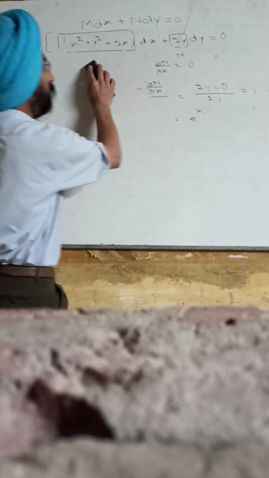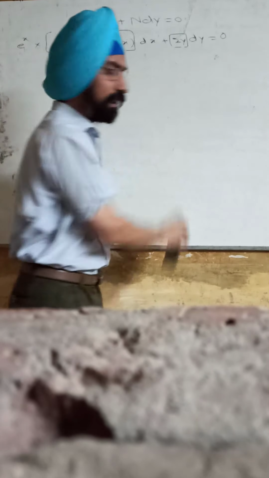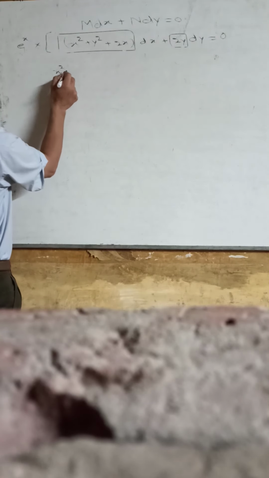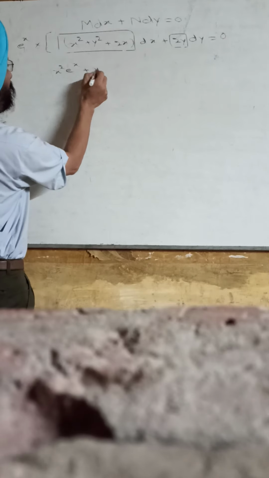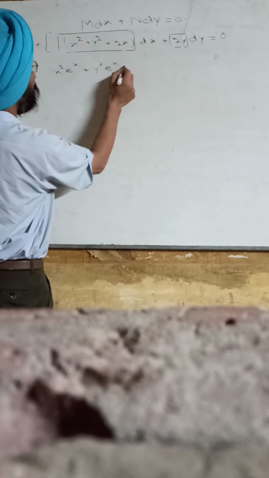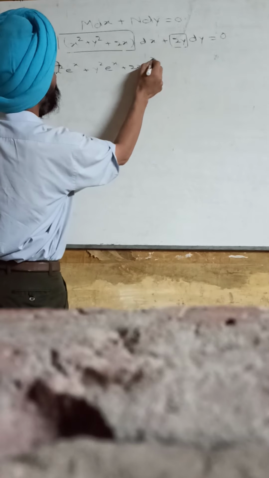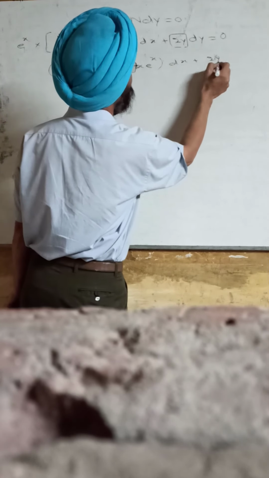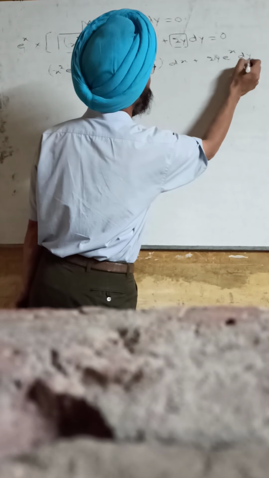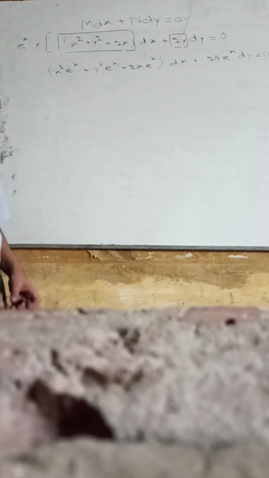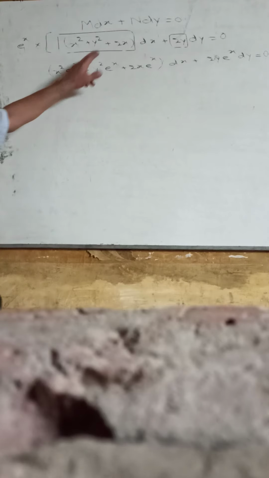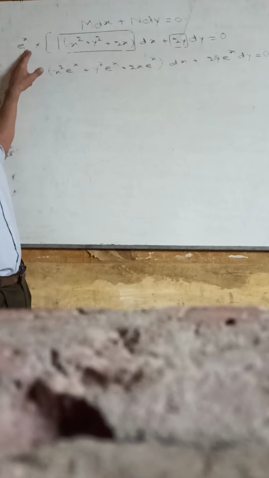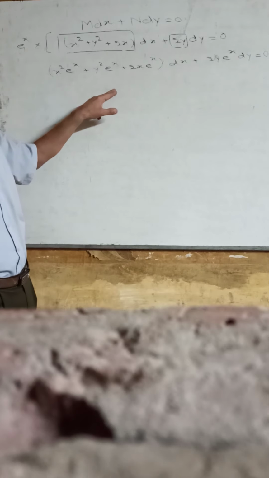The equation will take the form x square e power x plus y square e raised to the power x plus 2x e raised to the power x dx plus 2y e raised to the power x dy is equal to 0. Since we have multiplied the differential equation with its required integrating factor, the equation is now exact.